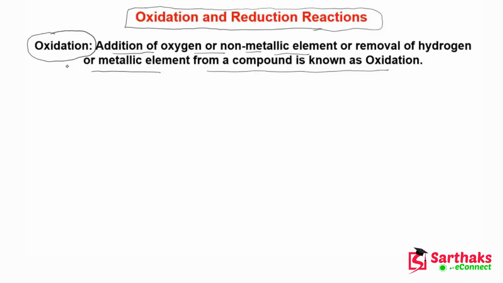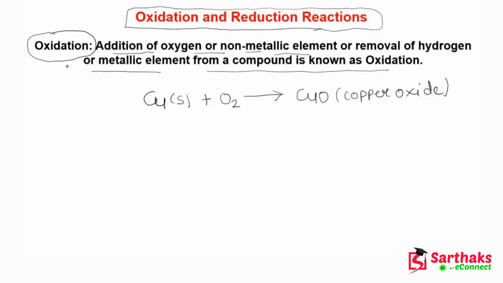Let me give you an example. This is copper, in its solid state. When this copper reacts with oxygen, it will make copper oxide. Let me write its name, copper oxide.